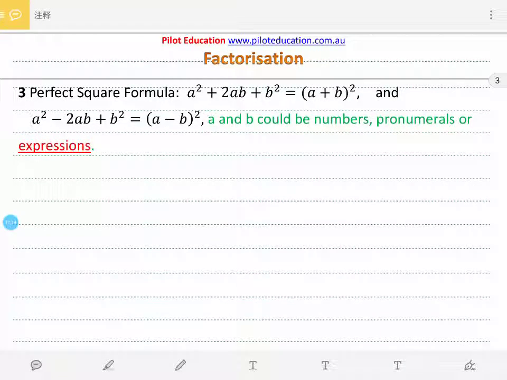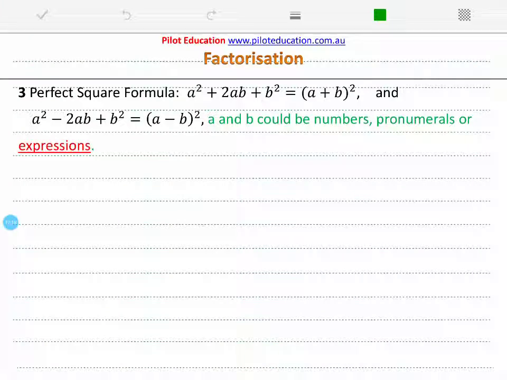Next, let's move to the perfect square formula. The formula is a squared plus 2ab plus b squared equals a plus b squared. If the middle term is a minus, then it becomes minus b.